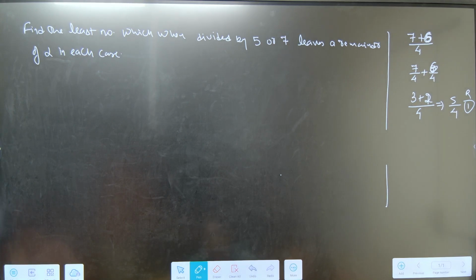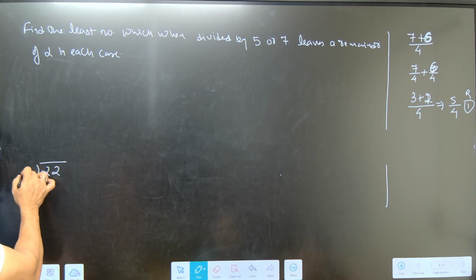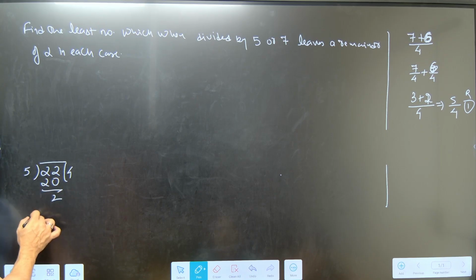That means you have to find a number which when divided by 5, or divided by 7, leaves a remainder of 2 in both cases. For example, if I take 22: divided by 5, 5 fours are 20, remainder is 2. But 22 divided by 7, 7 threes are 21, remainder is 1. I need a remainder of 2 in both cases, so 22 cannot be that number.